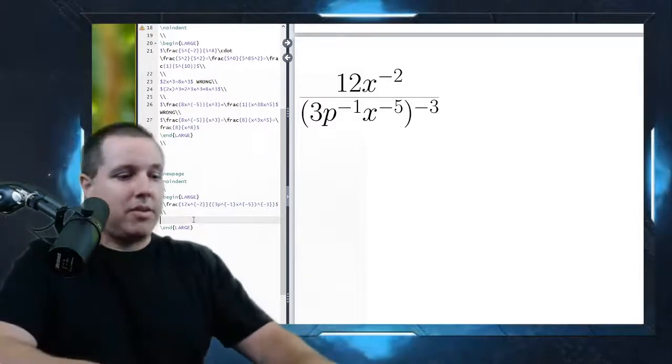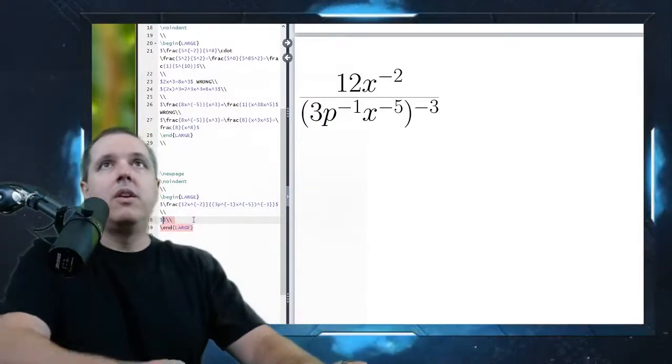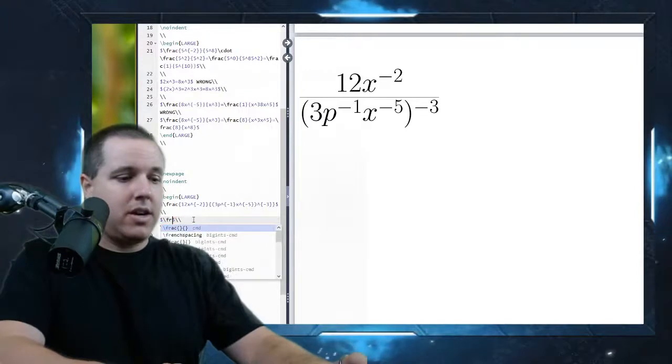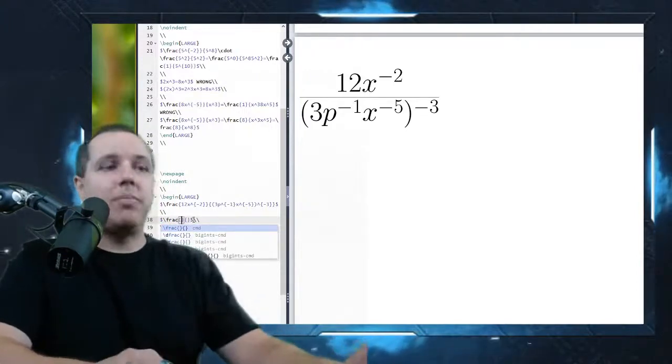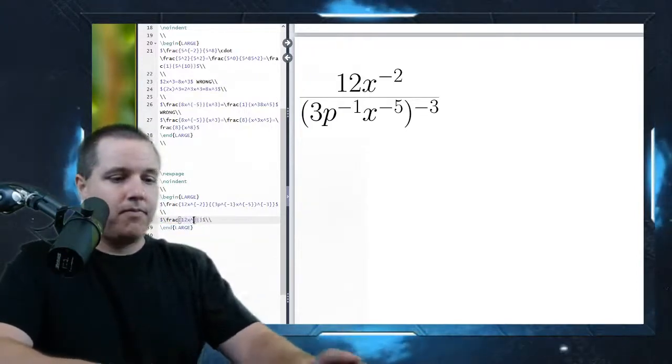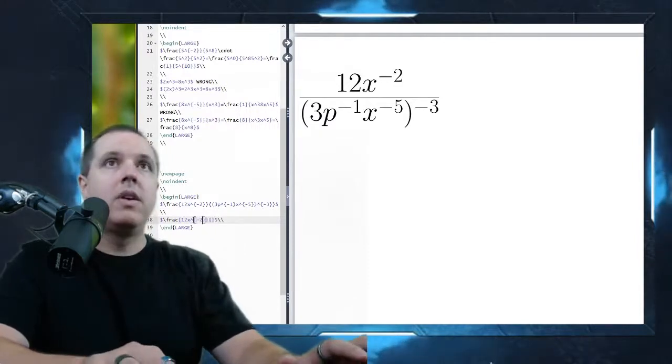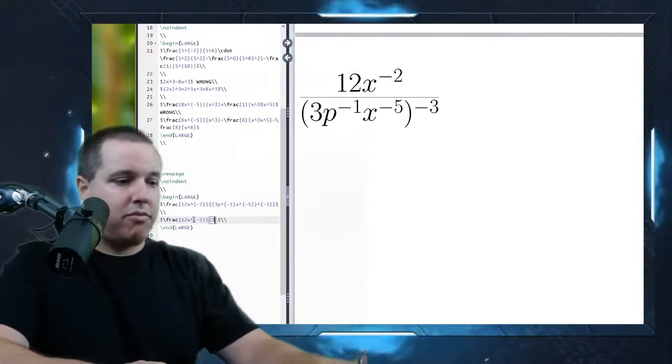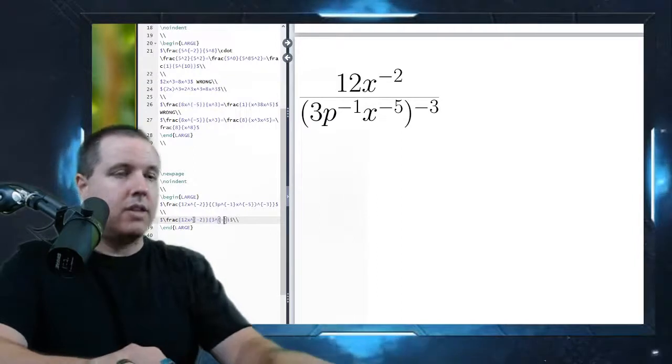Probably should just retype it. So we're going to have on top, let's just leave the top how it is for now. And then on the bottom, I'm going to get 3 to the negative 3.